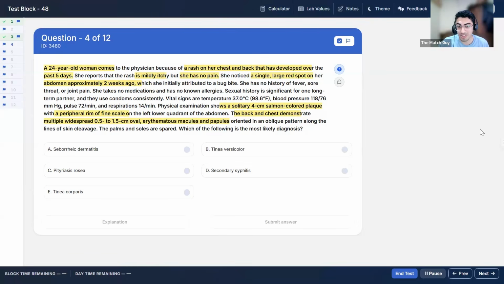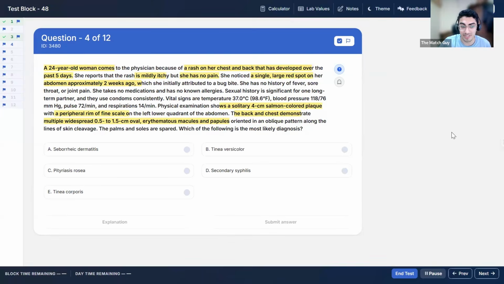Exactly. He mentioned salmon-colored plaque here because whenever you read it you think of psoriasis, but we don't have any psoriasis here. And even if we did have psoriasis, it wouldn't be the correct answer. Amazing, guys.